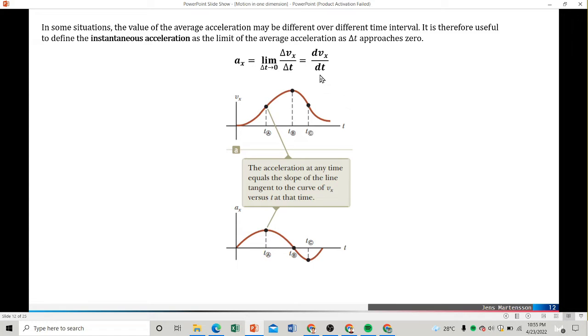Okay, so the instantaneous acceleration can also be expressed mathematically as dvx over dt. This figure below shows how an acceleration-time graph is related to a velocity-time graph.